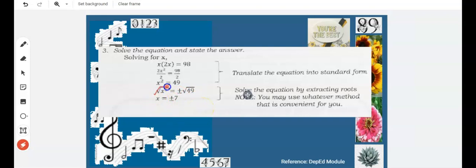So, square root of x squared is x, and square root of 49 is positive negative 7. Our roots or ang values of x kay negative 7 or positive 7. Pero ang negative 7, wala man nag-make sense as an age of Ruby. So we say that the age of Ruby is 7.